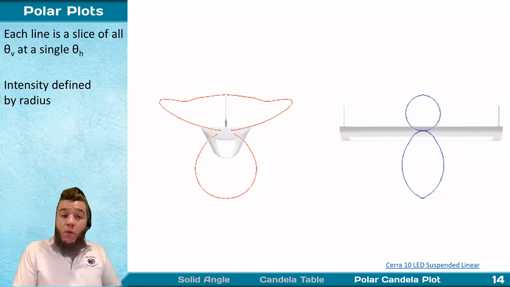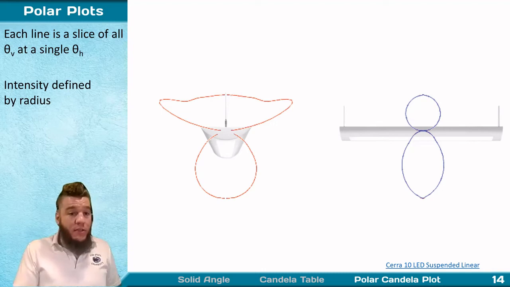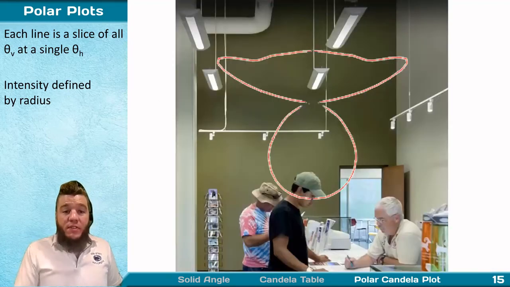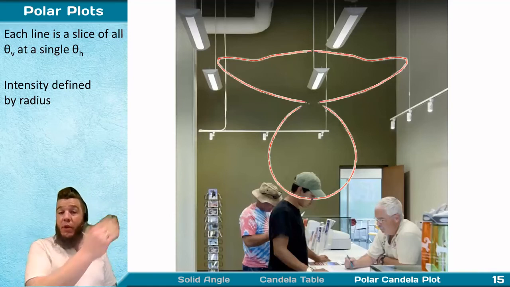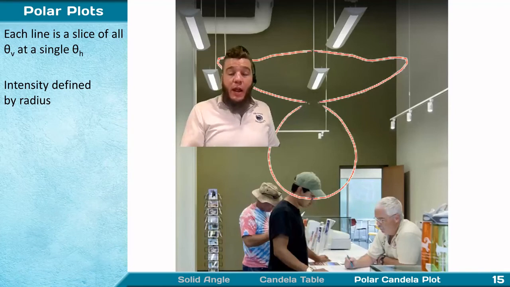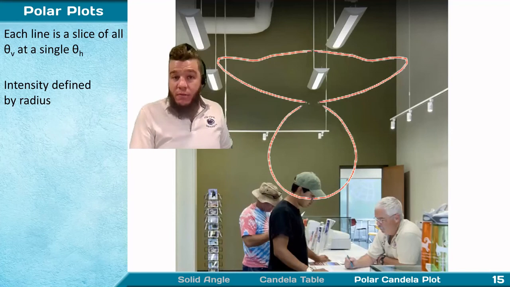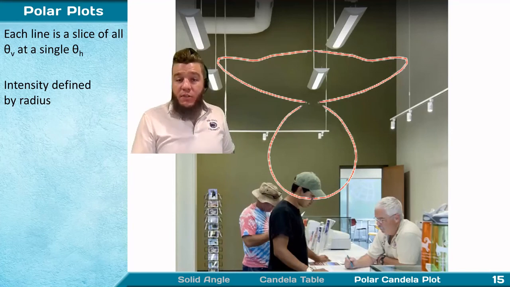So I've got one more visualization to help you understand the way these polar candela plots are representing the distribution of light. And we can look at this as a projection onto a wall. So here we have this luminaire actually in a real space. This is a real photograph of this luminaire installed in a real space.